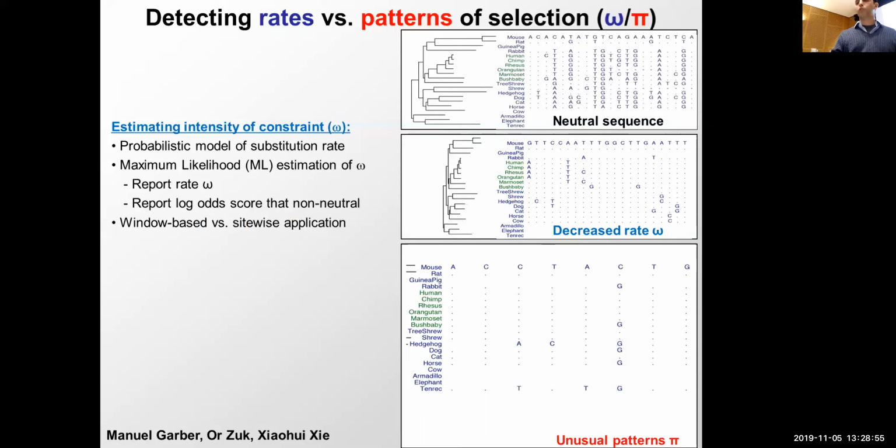Everybody with me? So the other approach is to look for the pattern of change. If I look at this sequence here and I measure the rate of evolution, I will find that this has not changed at all, this hasn't changed at all, this has a 0.8 rate, this has a 0.5, 0.6, 0, 0, and this column here has 3 substitutions, a much faster rate, okay?